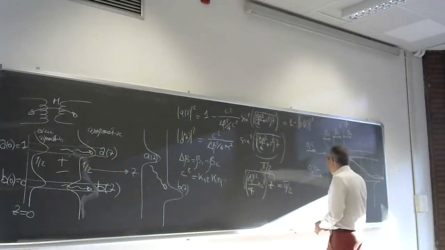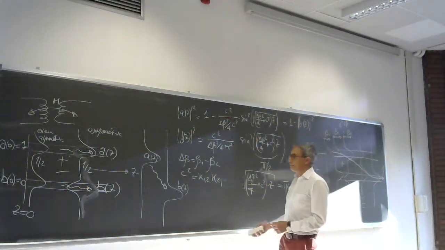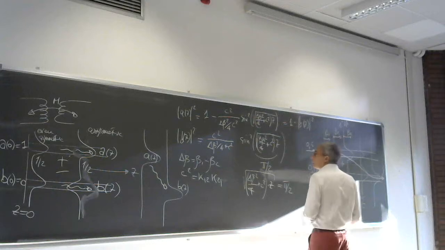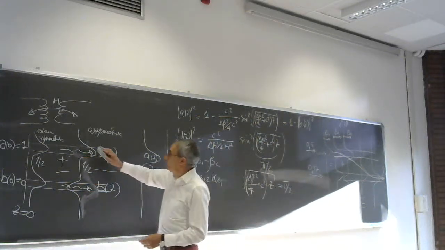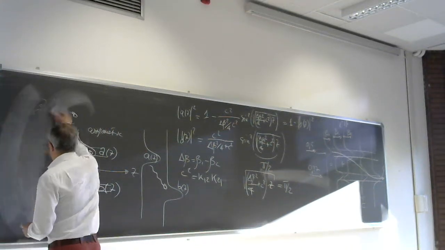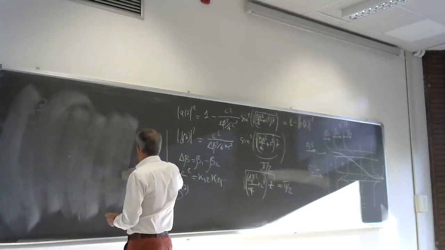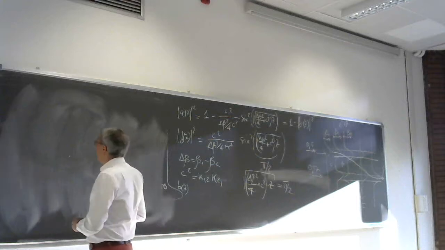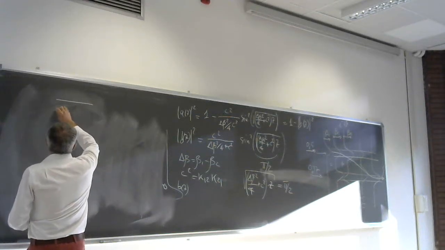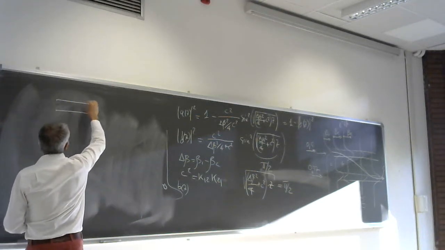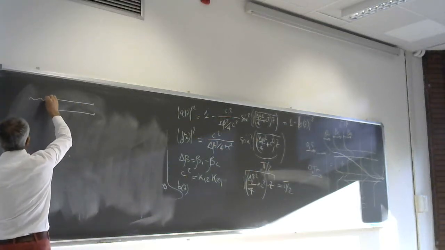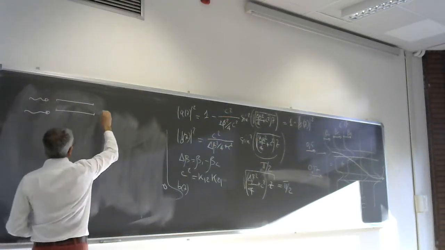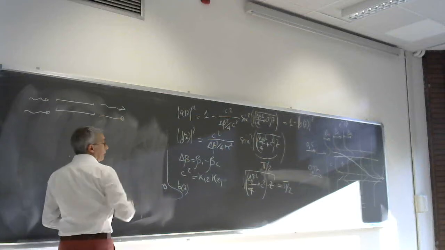So we consider now a very compact description of the behavior. This is our directional coupler. We have a wave on this side and we have a wave on the other side.